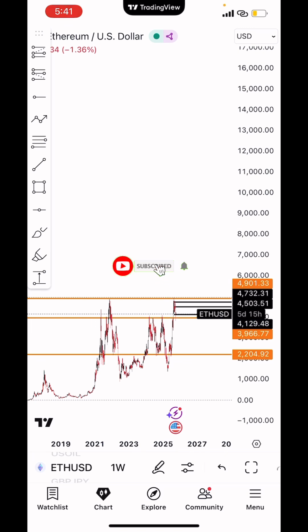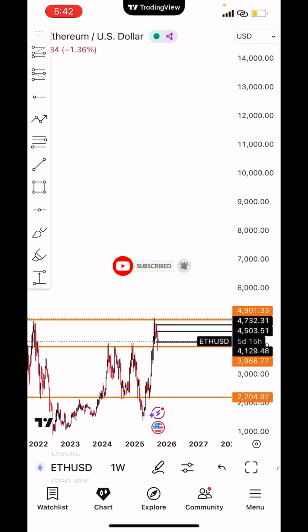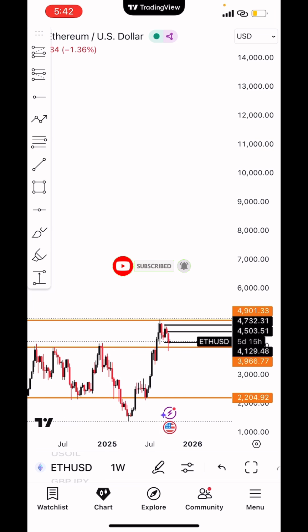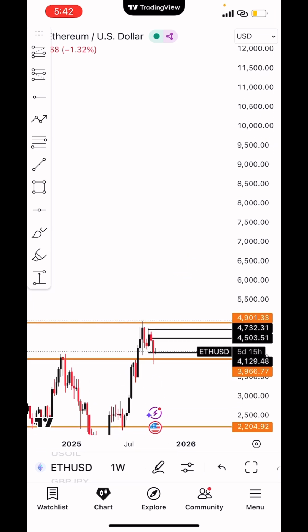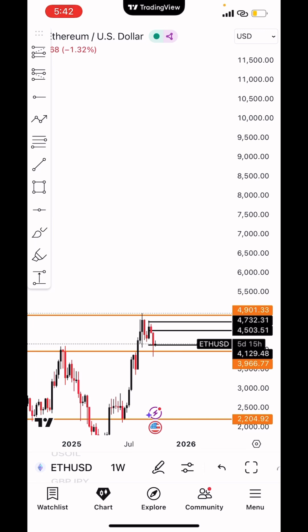So since we've drawn our zone, we are looking at where we can enter from. And from the weekly, what can we see here? The market has tapped into the weekly zone and rejected.